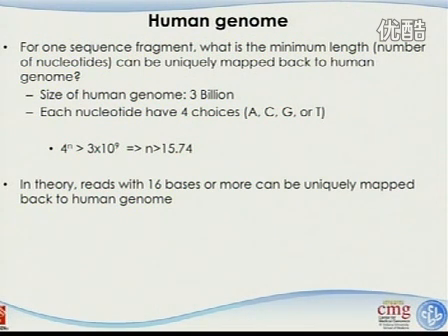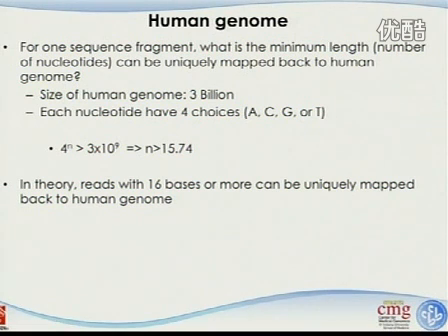Okay, that's just in theory, because there are so many things that are still repetitive. But in theory, that is the length required. So that's why when you design primers, and I know a lot of biologists in this room, to do the PCR reaction, you want them to be at least 16, 17 up to 23, 24, for that range of temperature considerations.